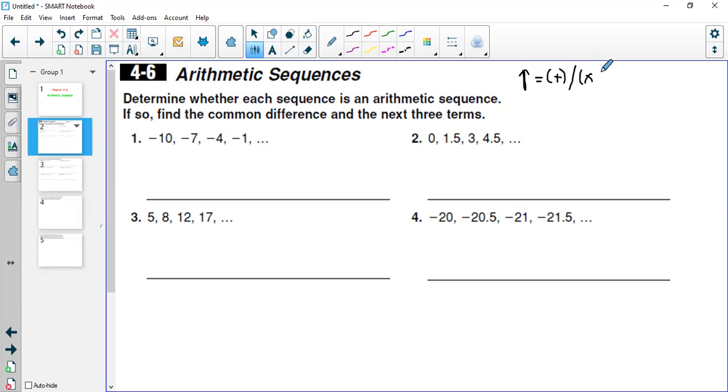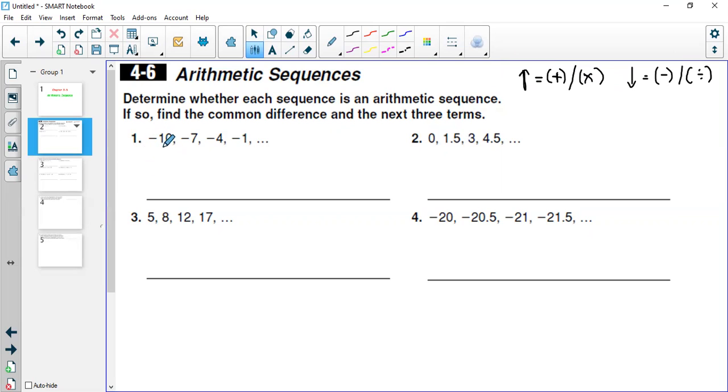Mostly we deal with addition. We don't have multiplication according to your lesson, but if it is there, then we have to deal with that too. And if the value of the numbers is decreasing, that means there is subtraction or division. As I told you, patterns mostly deal with addition and subtraction, so that's why they say the common difference. If not, we will have to see about multiplication or division as well.